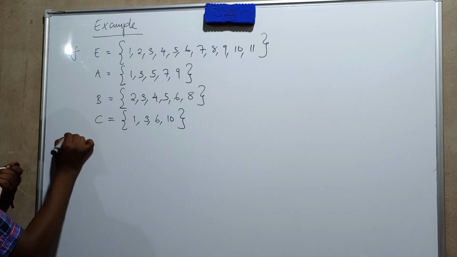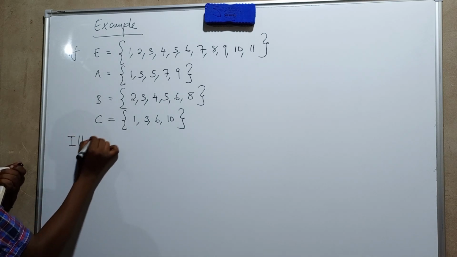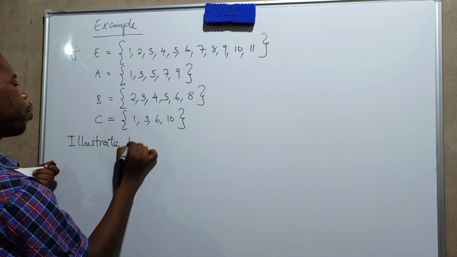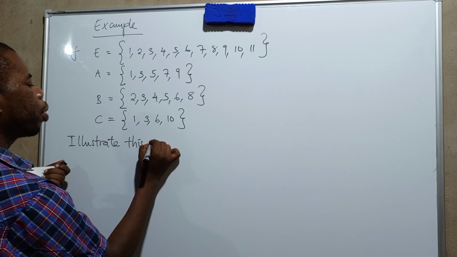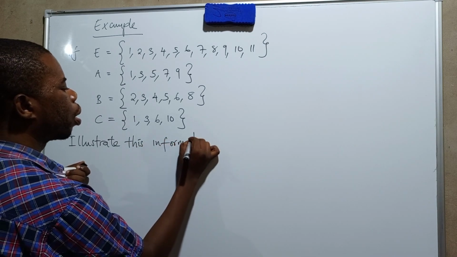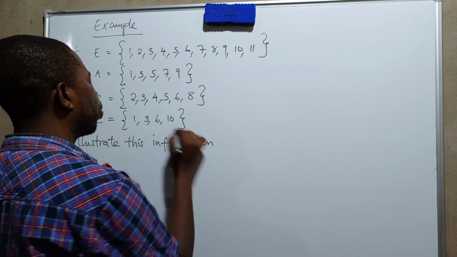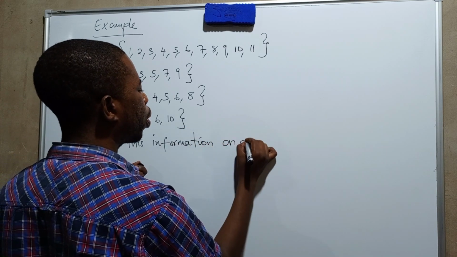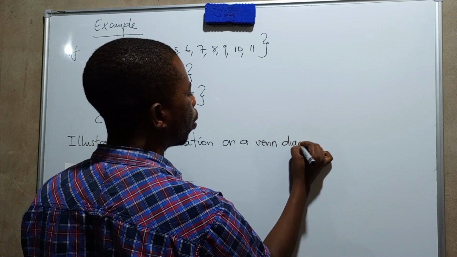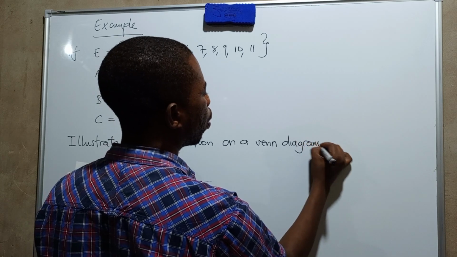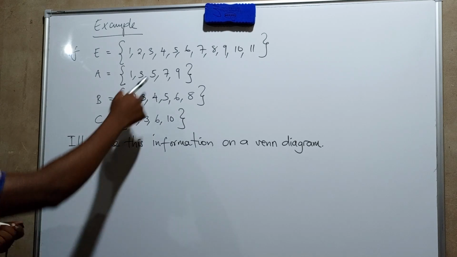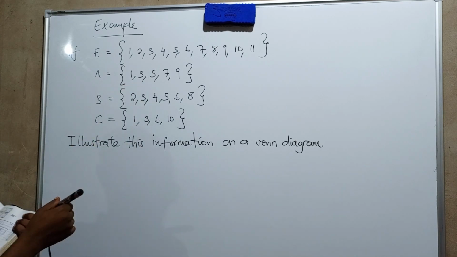It is saying illustrate or show or represent this information on a Venn diagram. Given this information, put it on a Venn diagram.